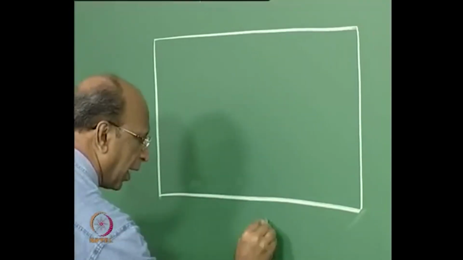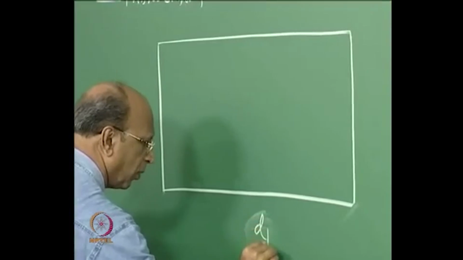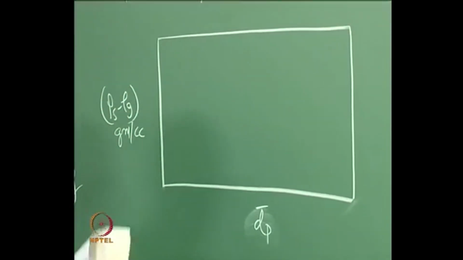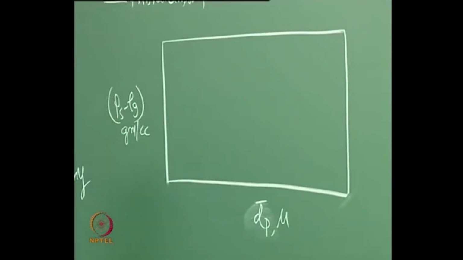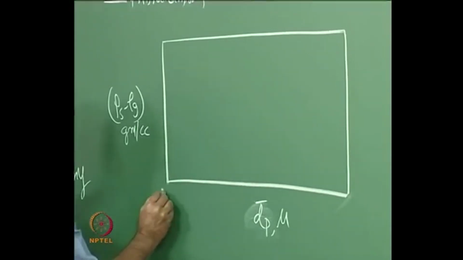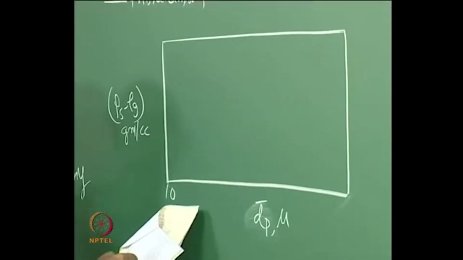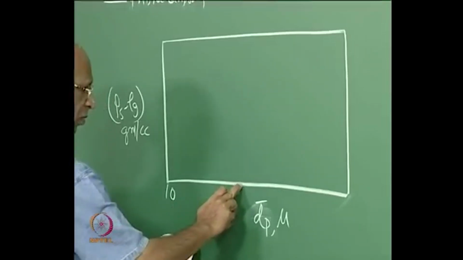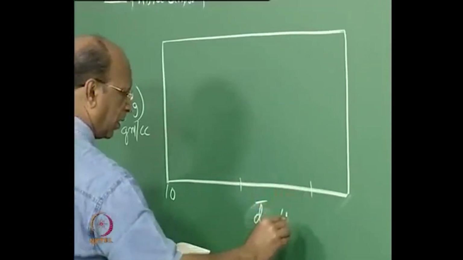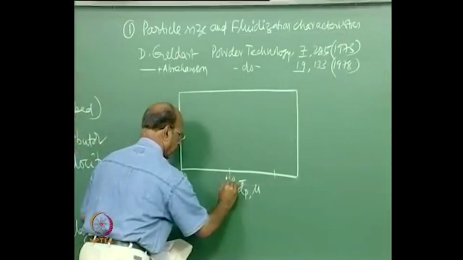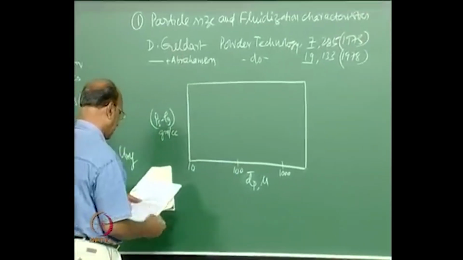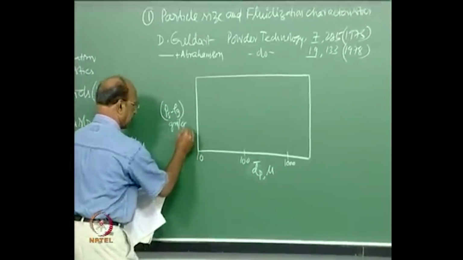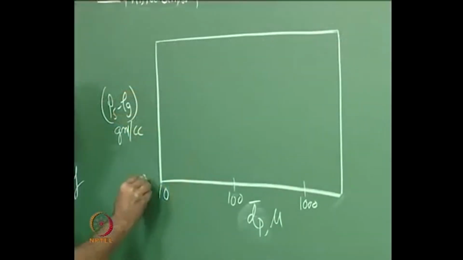And this side we have d bar p in microns. Okay, microns. So, that is one, and then the scale changes here from 10, 100, 1000, approximately. This is log scale, this side.